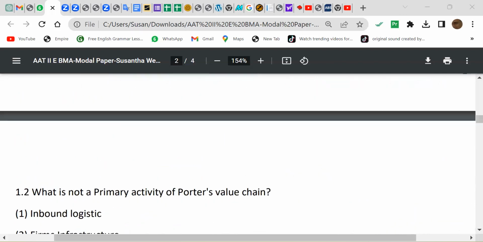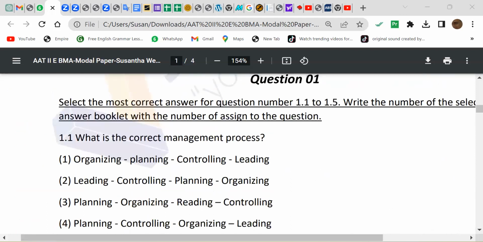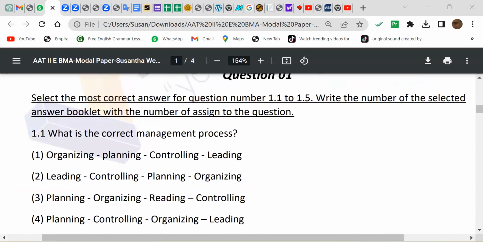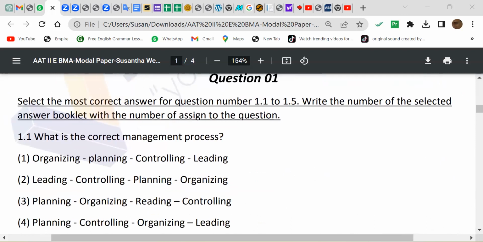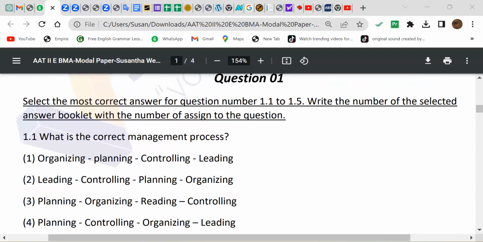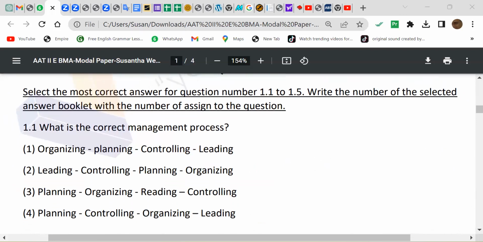Question number 1 is related to your very first lesson. Select the most correct answer for question numbers 11 to 15, and write the number of the selected answer in the answer booklet with the number assigned to the question, right?